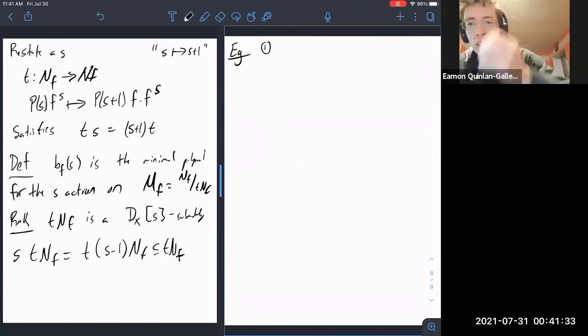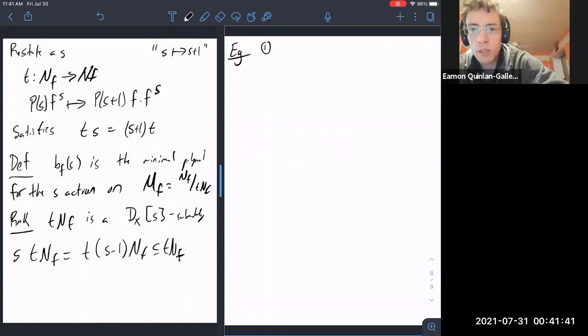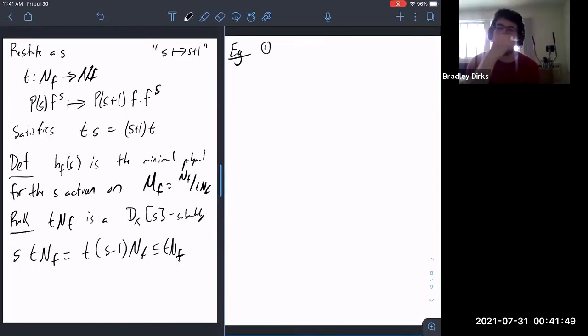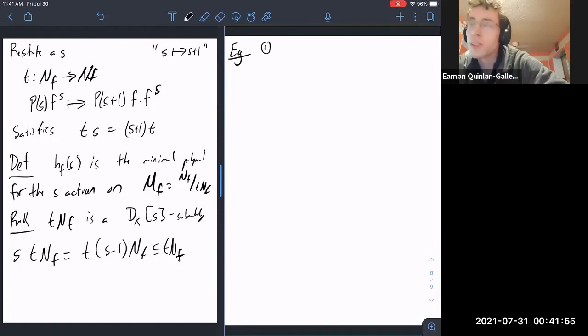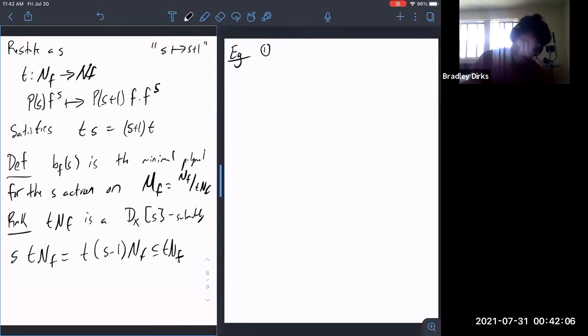Sorry, Brad, I interrupt you once again. That's okay. This T NF is also D[s] applied to f^s, is that right? I think it might be D[s] applied to f^(s+1). Right, I think they're isomorphic, but maybe we need to be careful about this sort of thing.